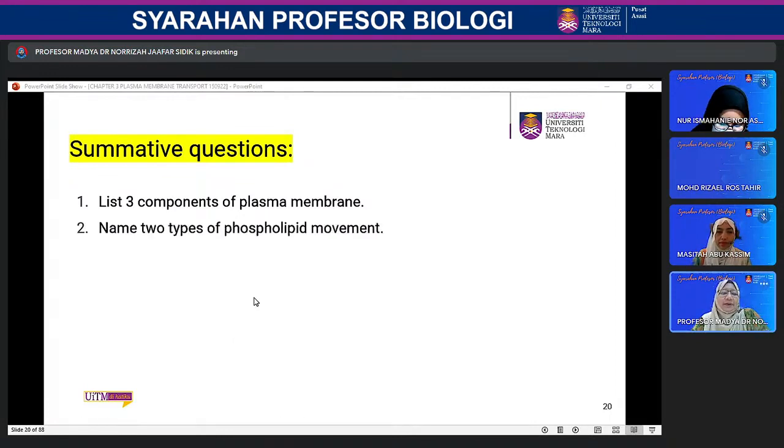And then we look at the second question here. Name 2 types of phospholipid movement. So the first question is, list 3 components of the plasma membrane, which are the phospholipids, the proteins, and also the carbohydrates.